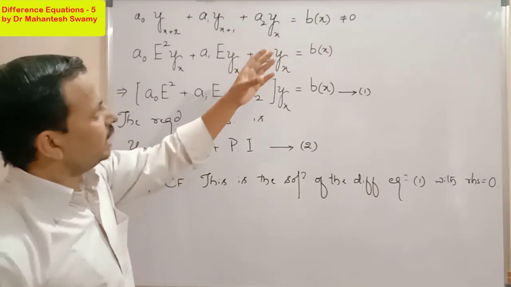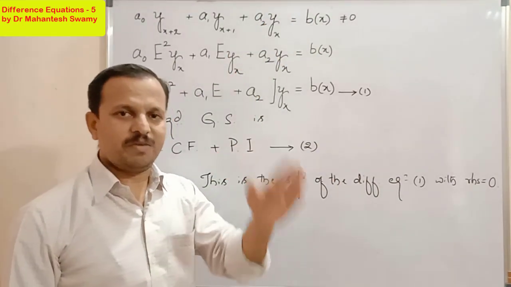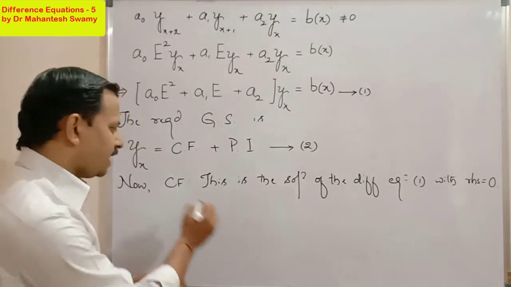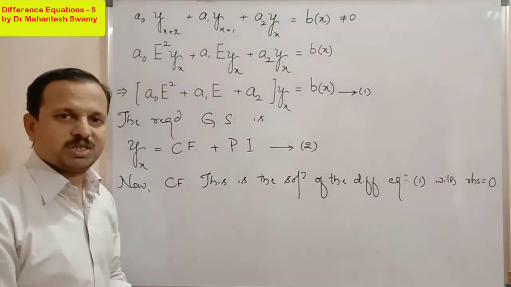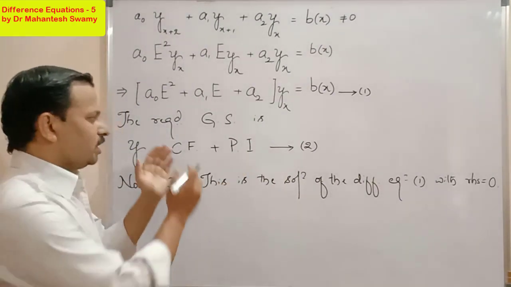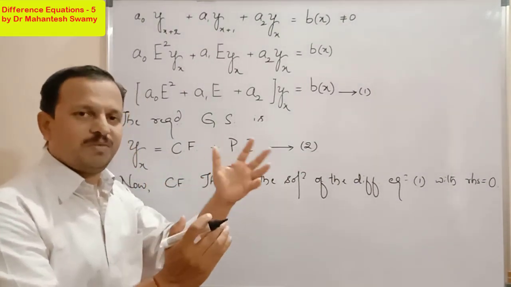That is, by taking RHS equal to 0, we proceed as we have done in the previous case and get a solution, and that solution in this case is called the complementary function. So I have given you the idea of what is meant by the complementary function. Half of the way is exactly the same as in the previous videos.